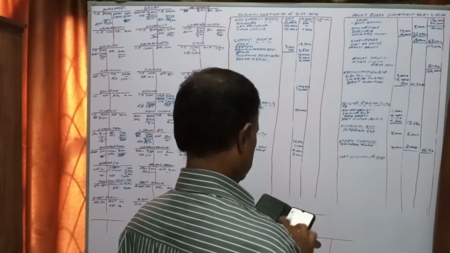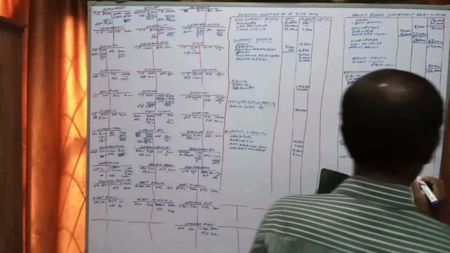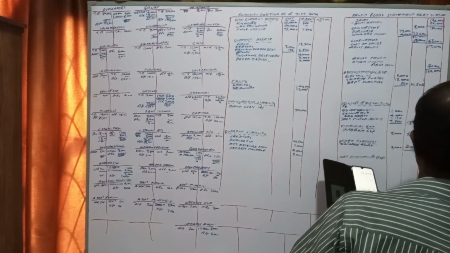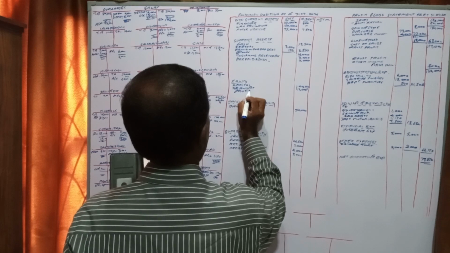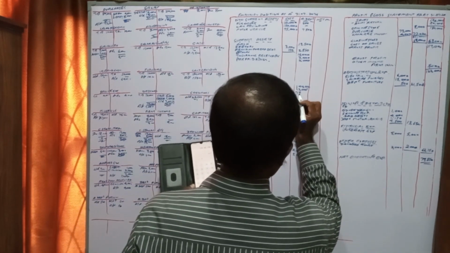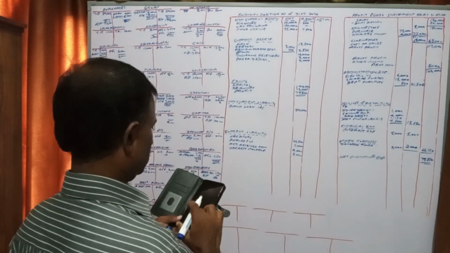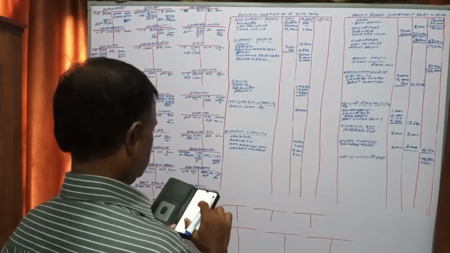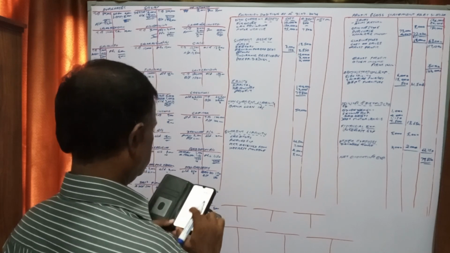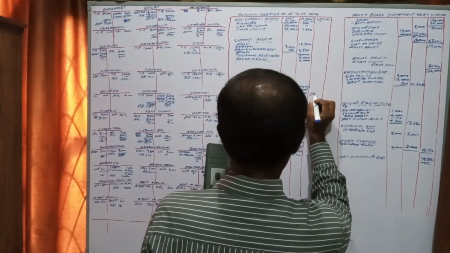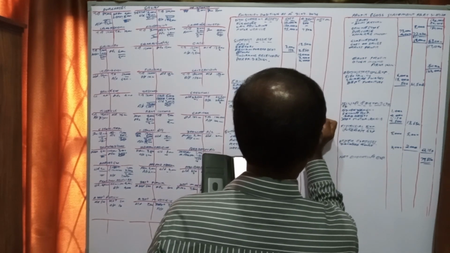From the 122,000 we have to deduct 42,150, that is 79,850, the profit. 79,850 plus 100 minus 2, it is 177,850, right? This is 50,000, right?